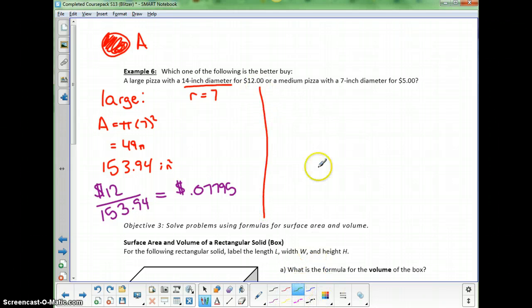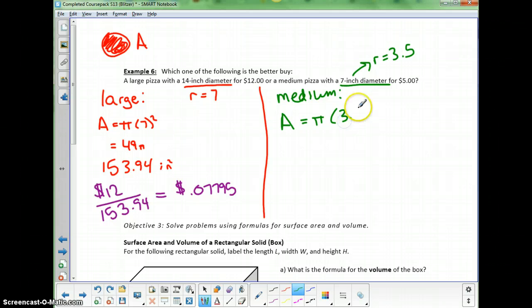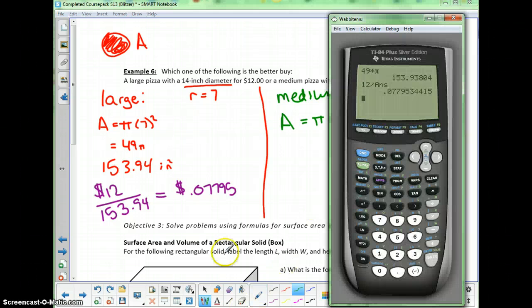Alright, so let's look at our values for the medium pizza. The medium pizza has a 7-inch diameter, which means that it's going to have half that, or 3.5, as its radius. When I'm finding the area, I need to know the radius. The formula for area is pi times radius squared. Let's go back to the calculator.